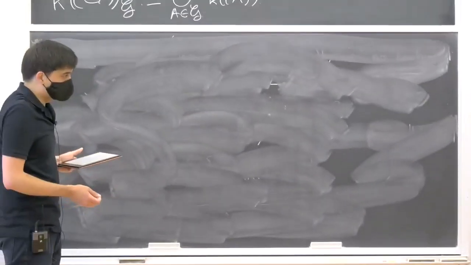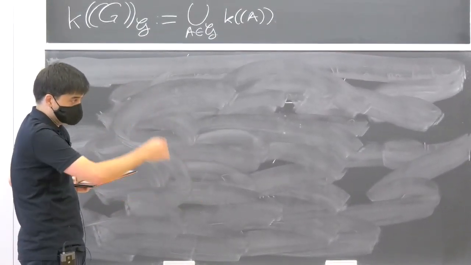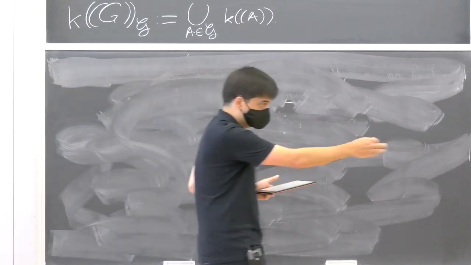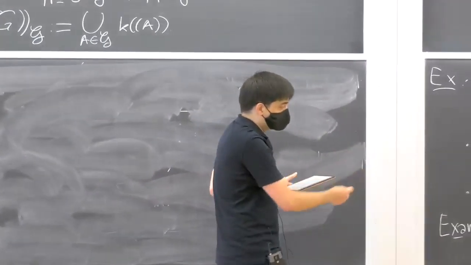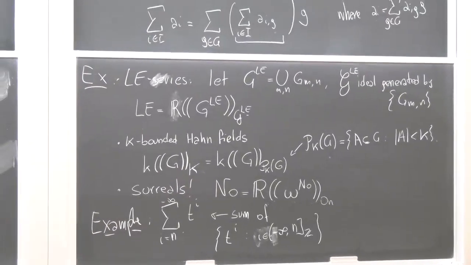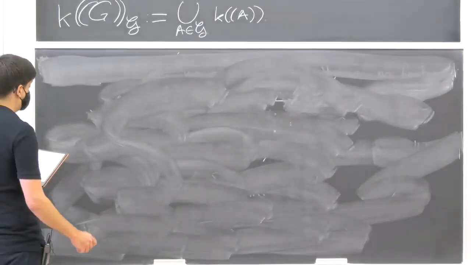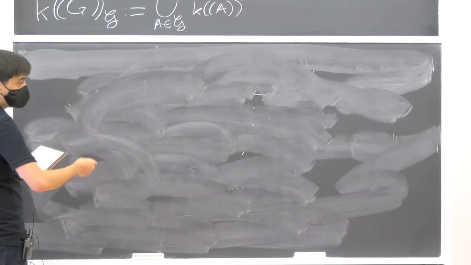That's a very easy summable family. You can check that the union of all the supports is reverse well ordered, and each monomial, in this case, appears only once, so you definitely satisfy condition 2. It's all very easy to check in this case.